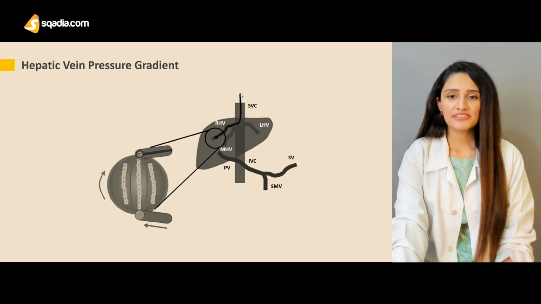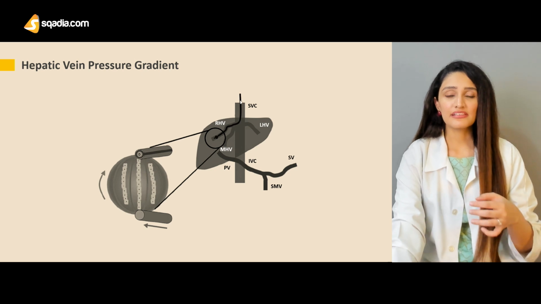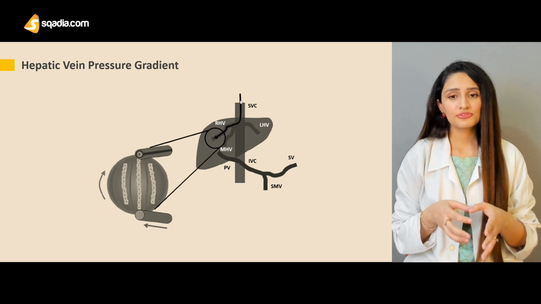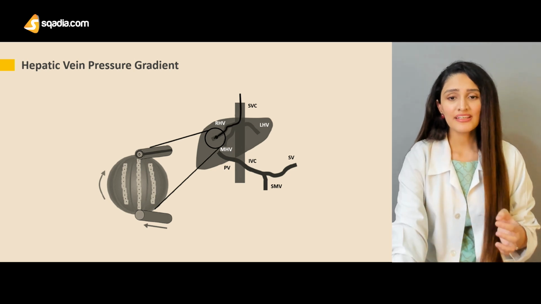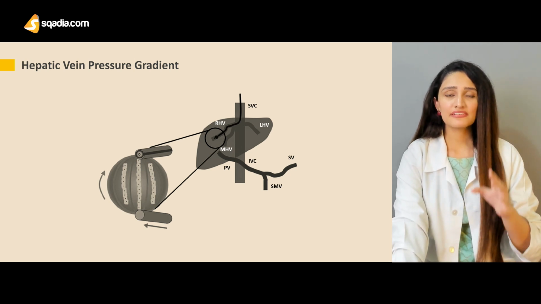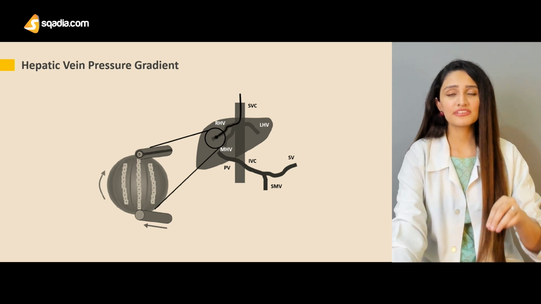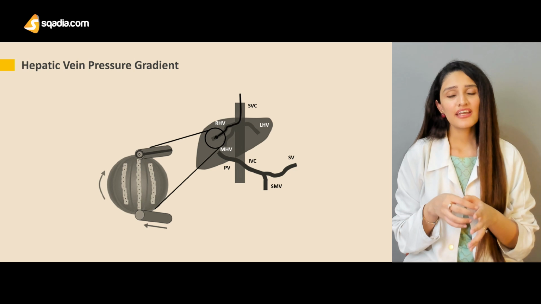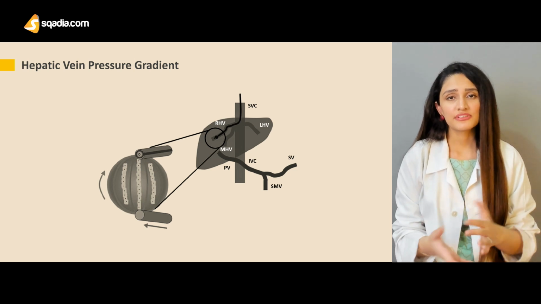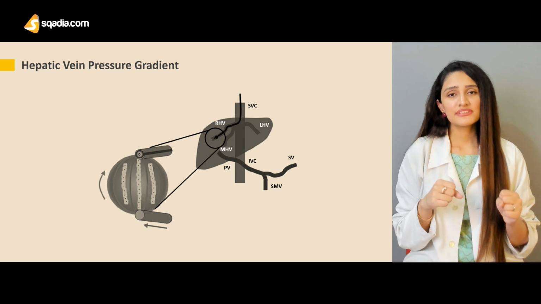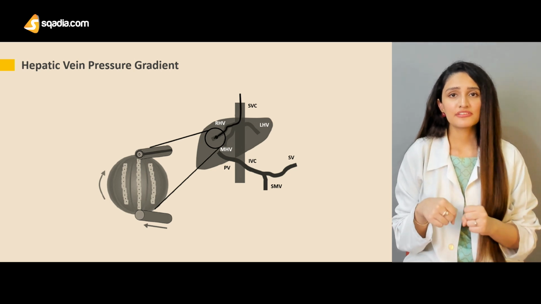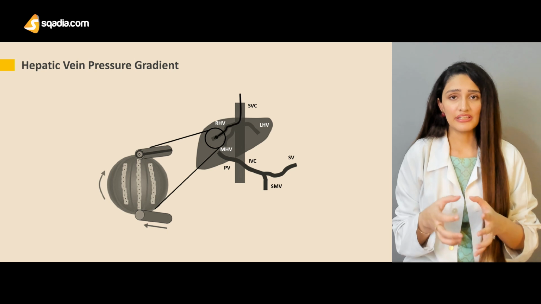A catheter is introduced through the inferior vena cava into the right hepatic vein, and it is advanced until there is resistance and it doesn't go any deeper. The whole purpose is to wedge this catheter within the hepatic vein.